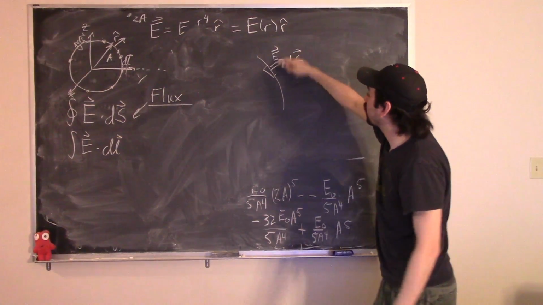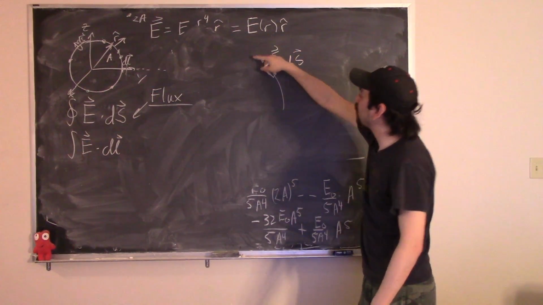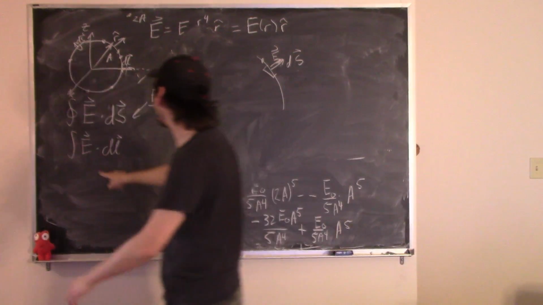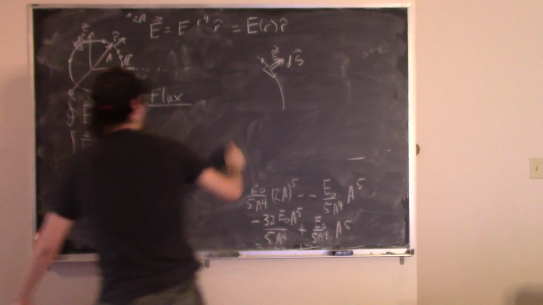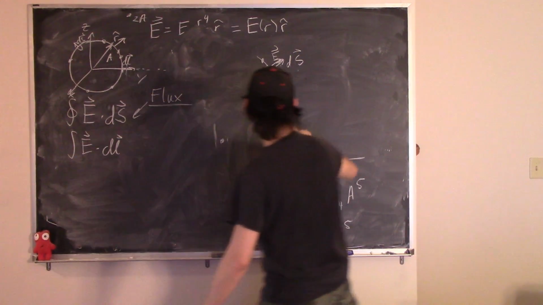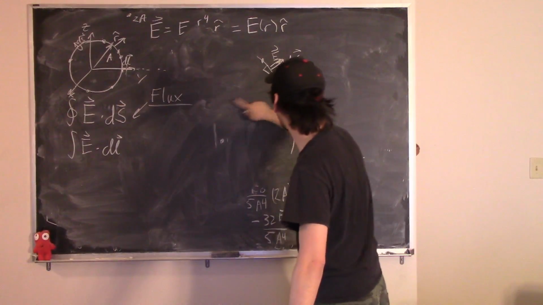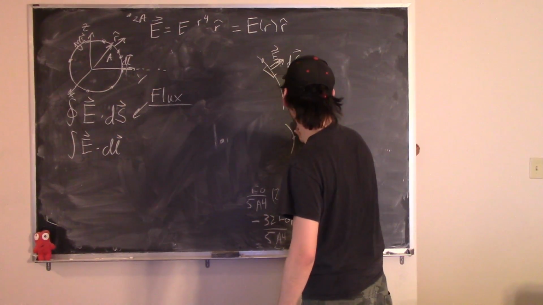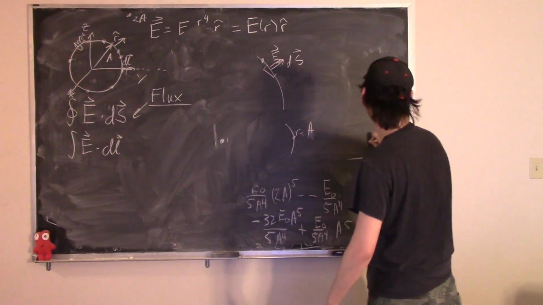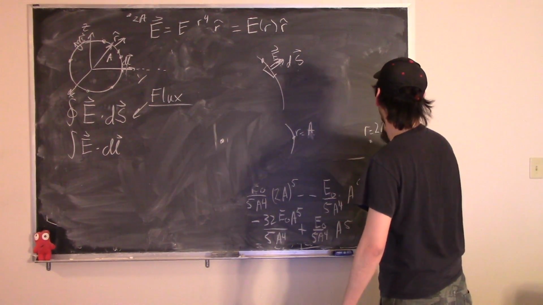And that electric field on this surface always has the same value. But when I'm doing this integral E dot dl, I'm saying, here's some point at the origin. That's the circle that I had before, so this is at some point r is equal to a. R is equal to capital A. And this is some point r is equal to 2a.